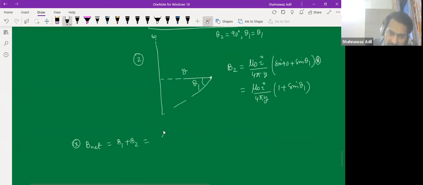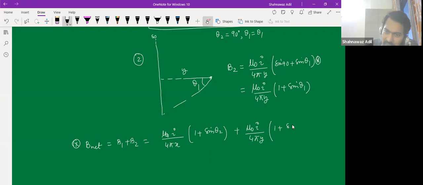B1 is mu naught I by 4 pi x times 1 plus sine theta 2, and B2 is mu naught I by 4 pi y times 1 plus sine theta 1. So these are the things that we have to figure out, right?